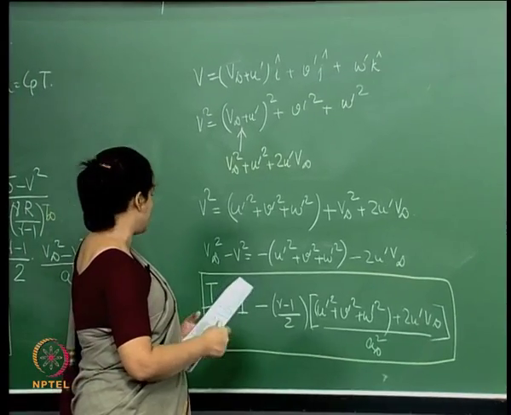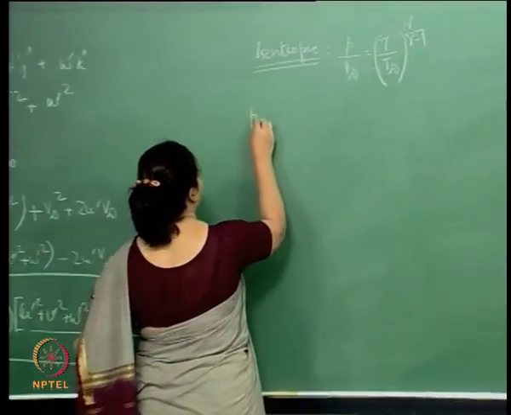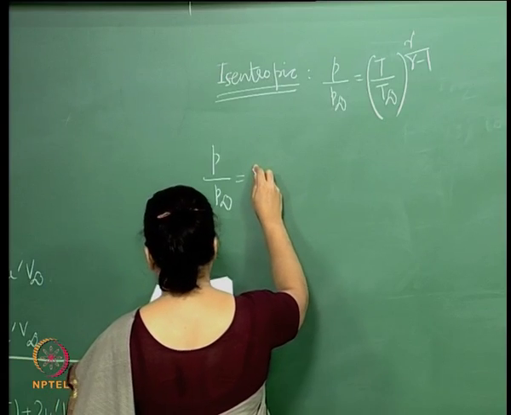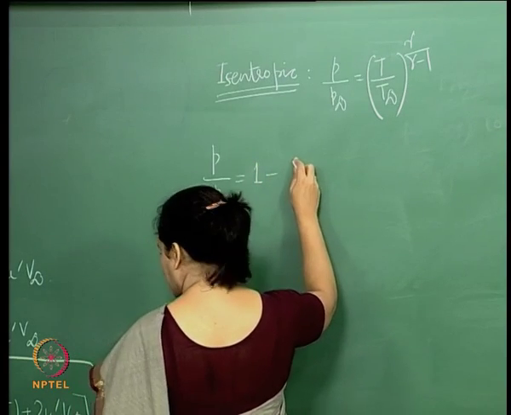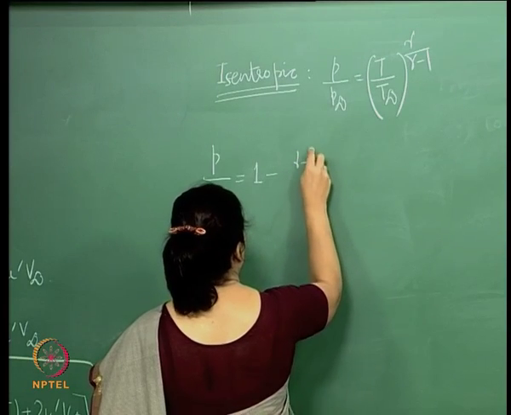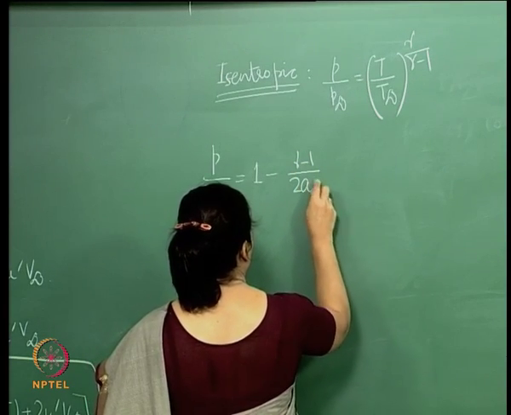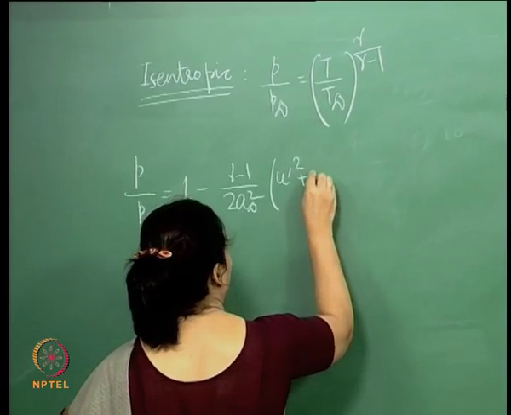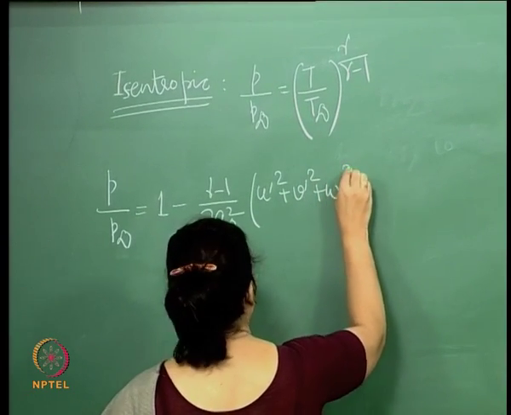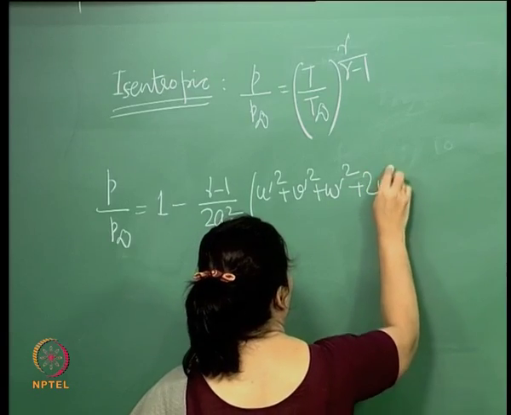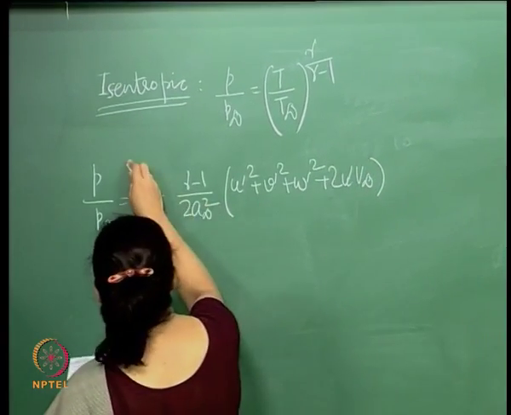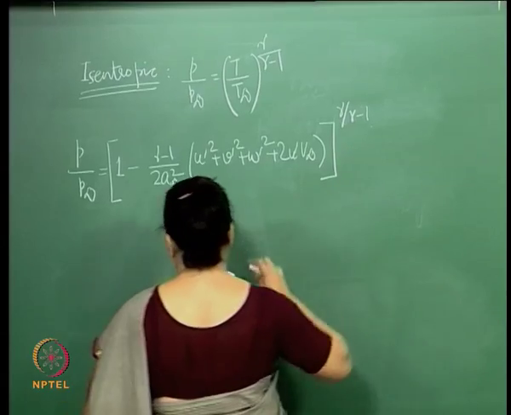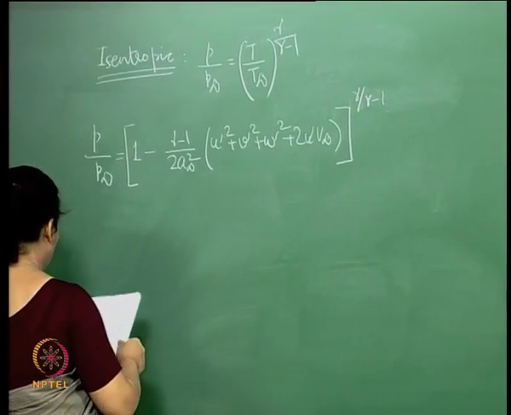So therefore let us write P by P infinity as 1 minus this, raised to this power.